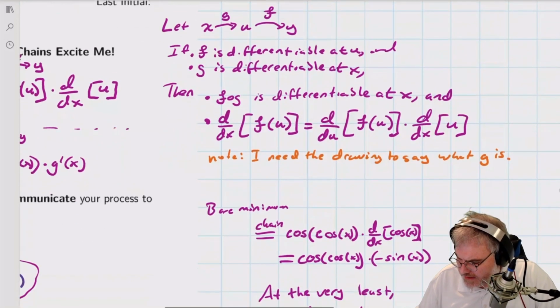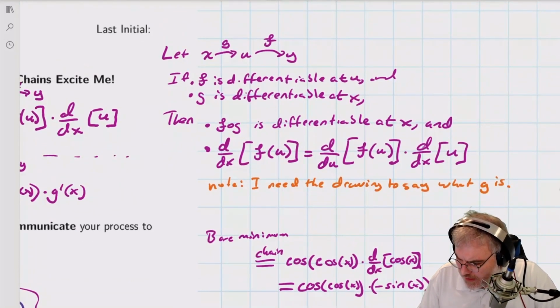Another way to write this that's actually a fairly good way to do this. Another way is with the same preamble, but write the conclusion another way, the second conclusion.